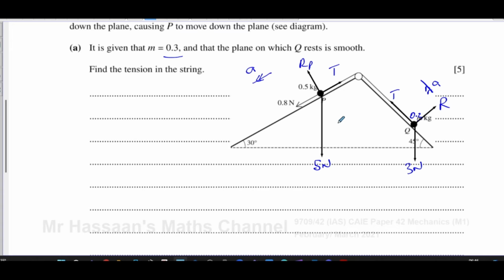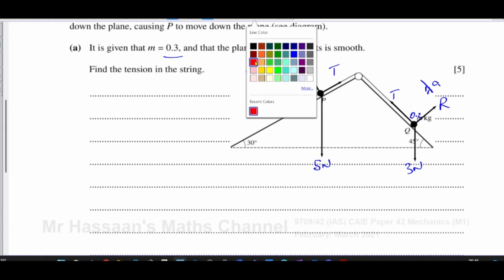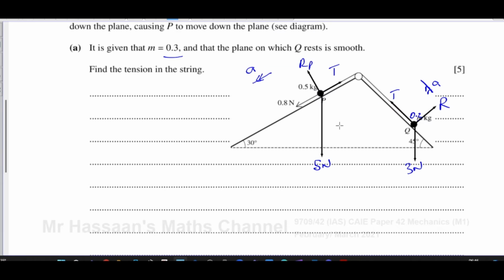So what I'm going to do now is consider the forces acting on P and Q separately. We always try to resolve the forces in the directions perpendicular and parallel to the motion. So what we're going to do here is resolve the forces. This weight is going to be resolved parallel to the slope.